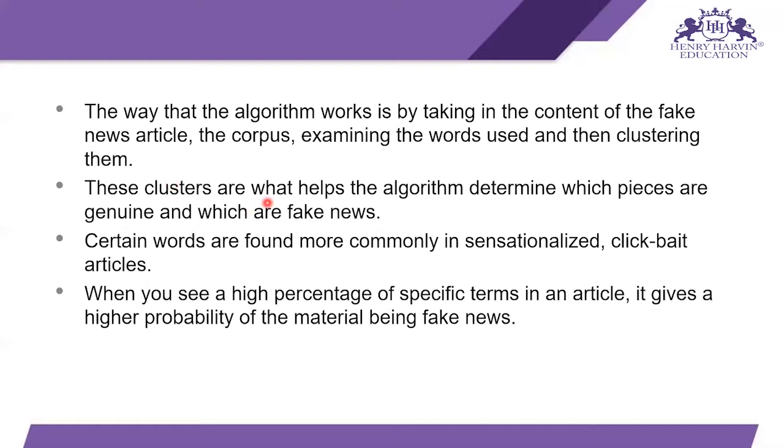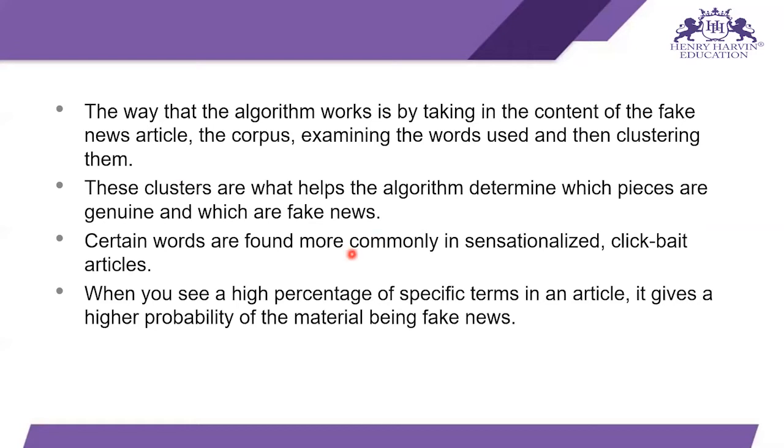Then these clusters are what helps the algorithm determine which pieces are genuine and which are fake. So using these clusters, the algorithm can tell that these words imply the article is fake, and these words imply that the article is not fake.